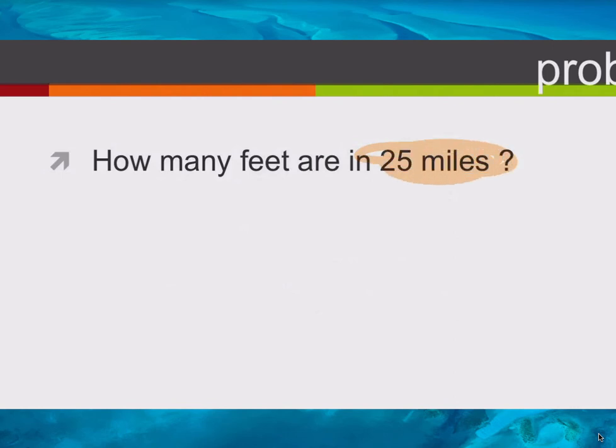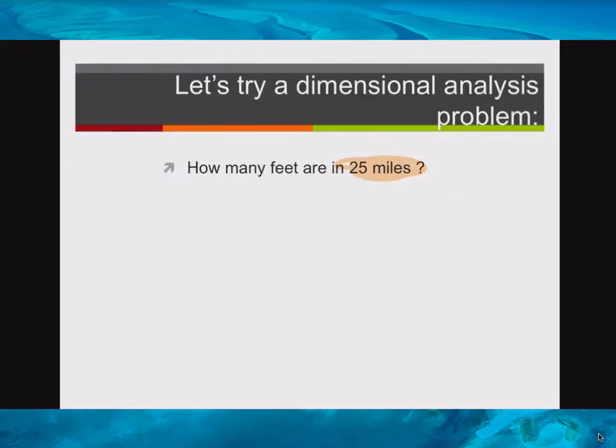I start by writing that down. As soon as I've done that, I draw my crossbars, set up like this. And I only do one to begin with.